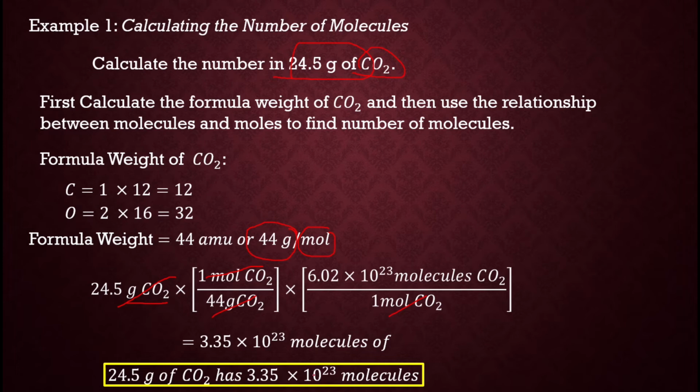So again, 24.5 grams of CO2 has 3.35 times 10 to the power 23 molecules. That is the final answer.